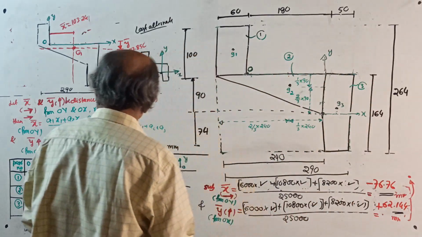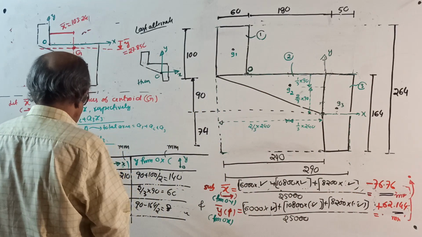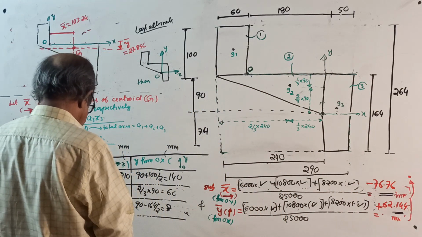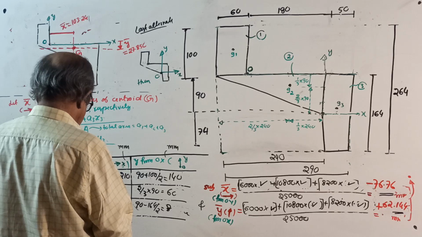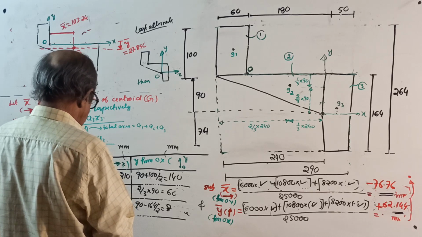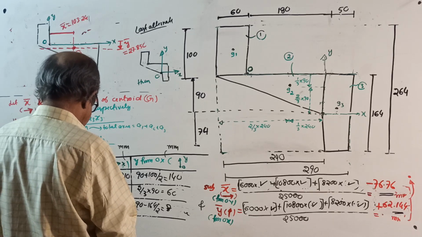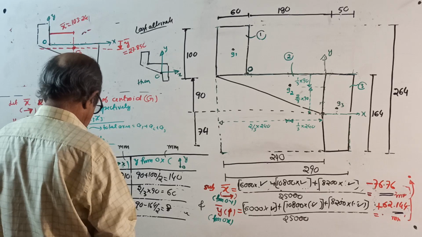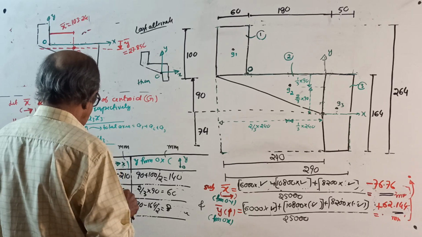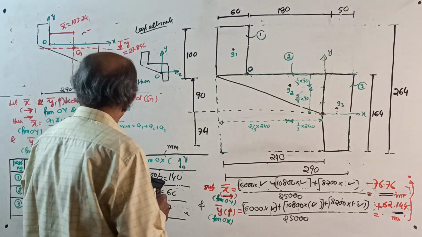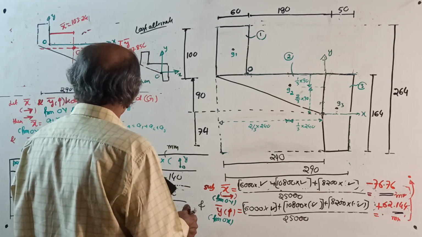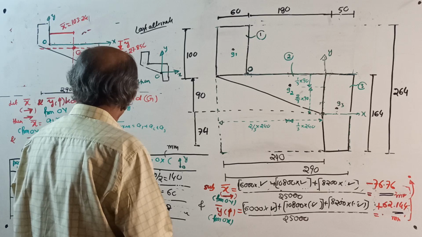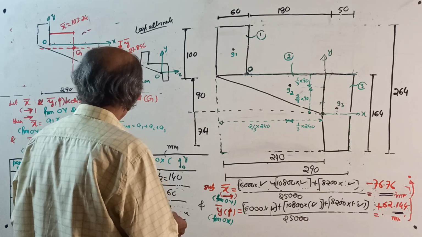See, for your satisfaction, 6,000 into minus 210 plus 10,800 into minus 160 plus 8200 into 25 divided by 25,000, minus 111.82. Something wrong. There is something wrong. See, I can make out something is wrong.